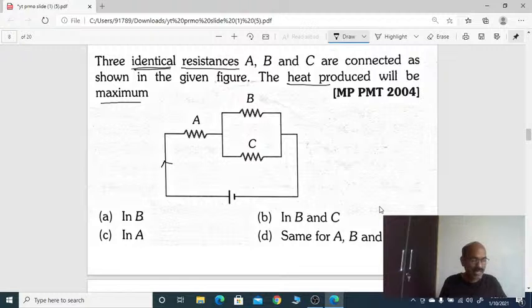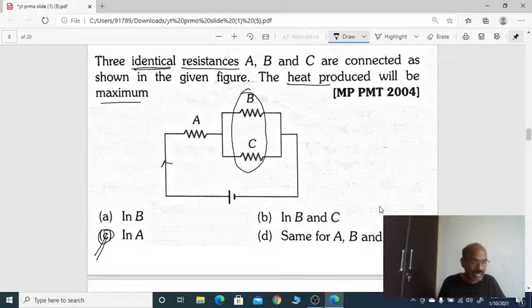Yes, good. Option C is correct. In A, heat produced will be more. Resistance of A is greater than resistance of B and C because B and C are connected in parallel.